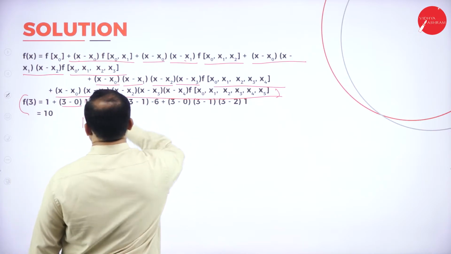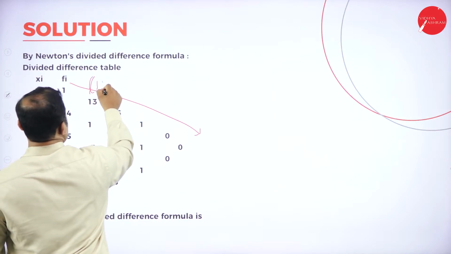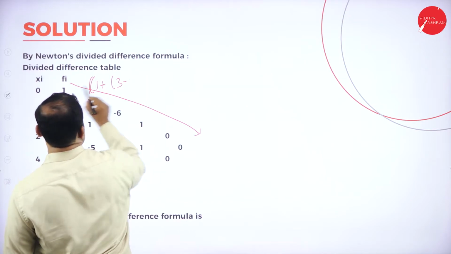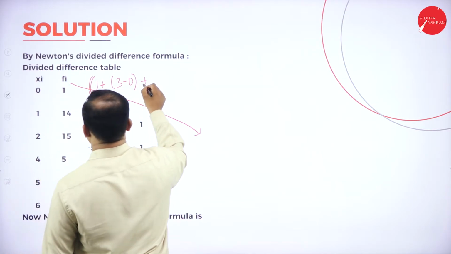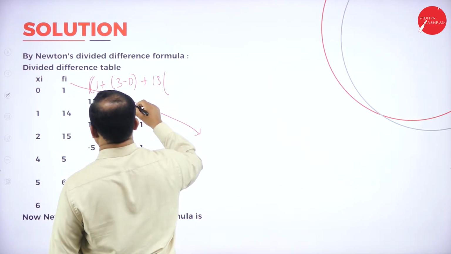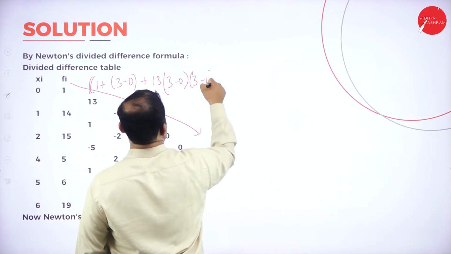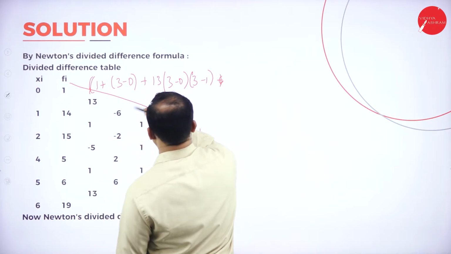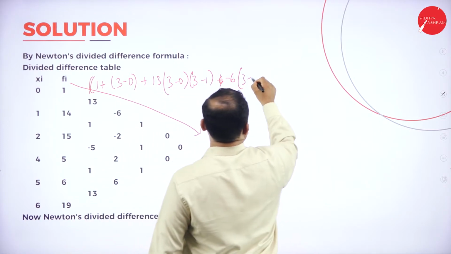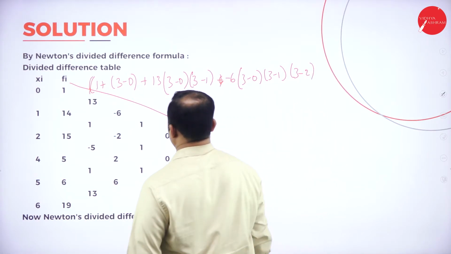Plus 3 minus 0 into 3 minus 1 into 3 minus 2 into minus 6.